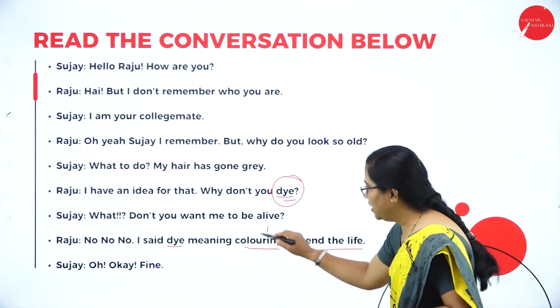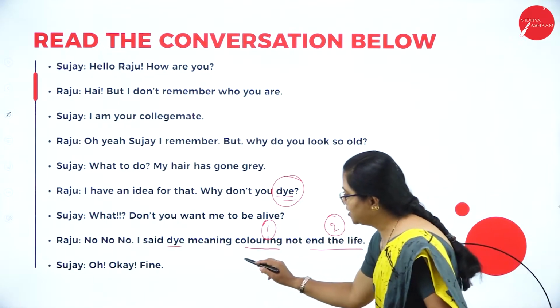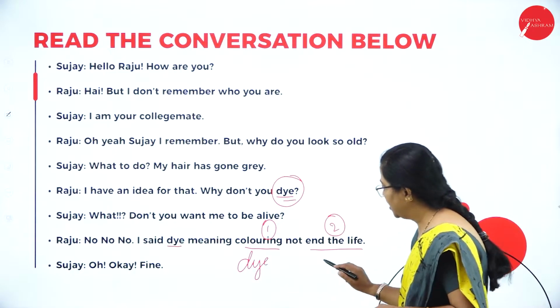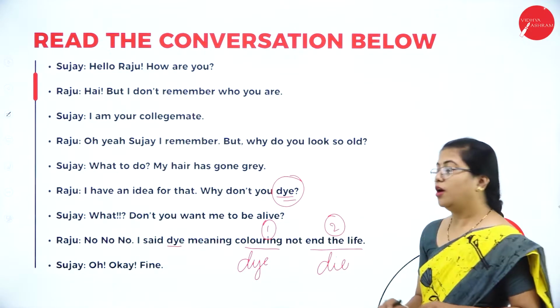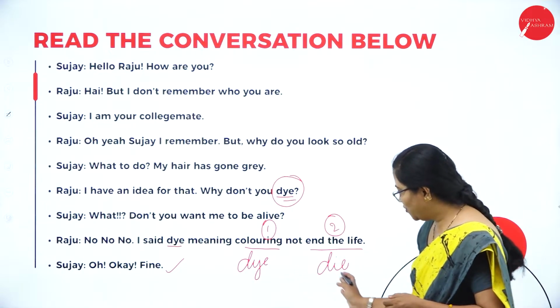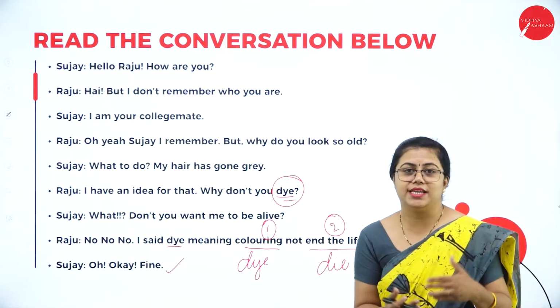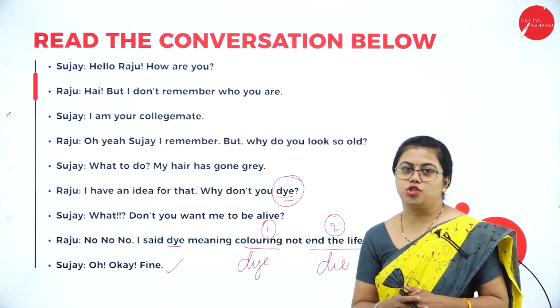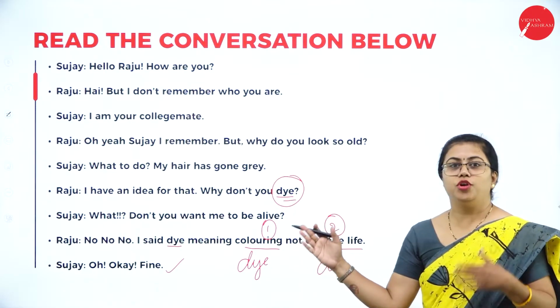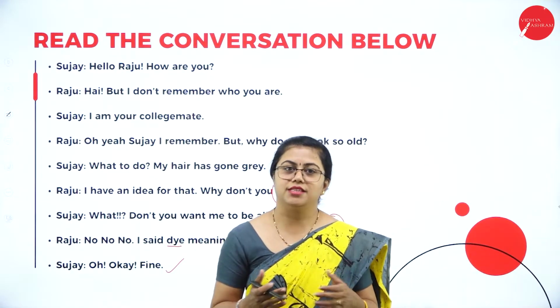So there are two meanings for die here. Isn't it? But again, the spelling is different. It is die, it is die. Oh, okay, fine. So finally Sujay has understood. So there are two different spellings here. Fine, pronunciation is same, but spellings are different. Obviously, meanings are also different. So this also you feel it is very stupid. The way it is written is making you stupid.